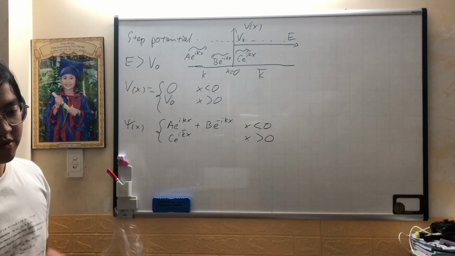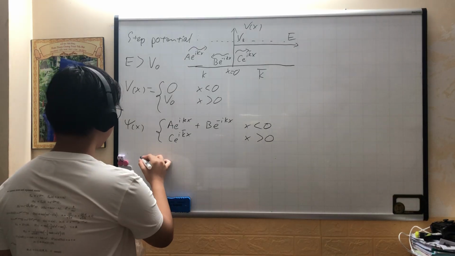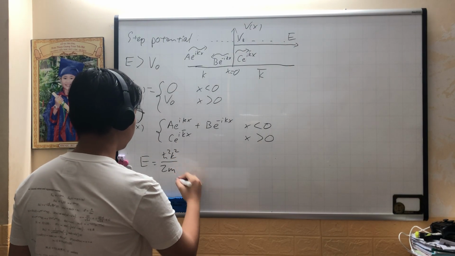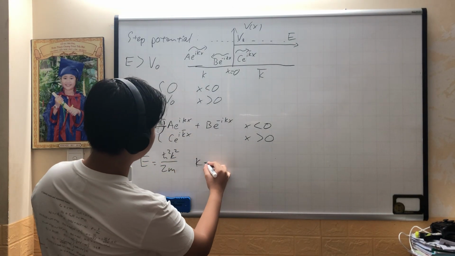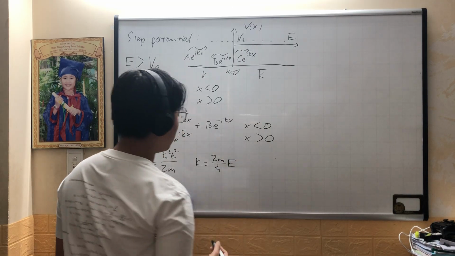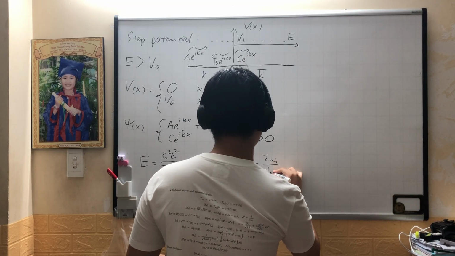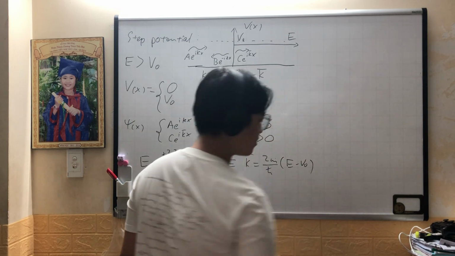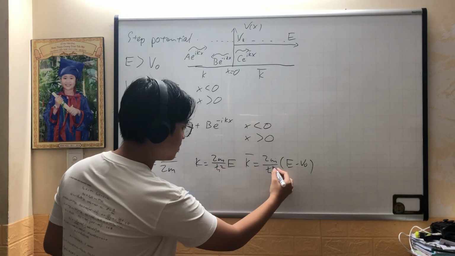This would be our wave function in the two regions, with the energy equal to h bar squared k squared over 2m. K here is the square root of 2mE over h bar squared, and our k tilde is the square root of 2m times (E minus V naught) over h bar squared, since here E is greater than V naught.